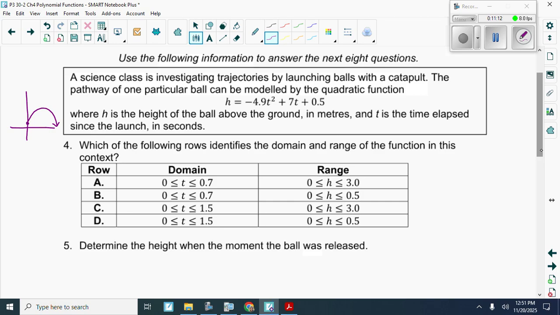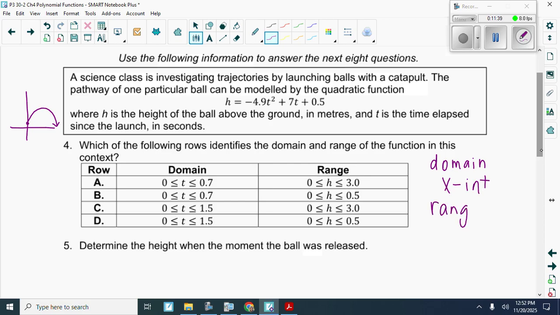Where h is the height of the ball above the ground in meters, t is the time elapsed. Which of the following, A, B, C, or D, would be a good domain and range? In order to determine that, we really need to see a few things. We talked about this yesterday, so maybe put it in the margin if you don't see it. For domain, you need to see your x-intercept.